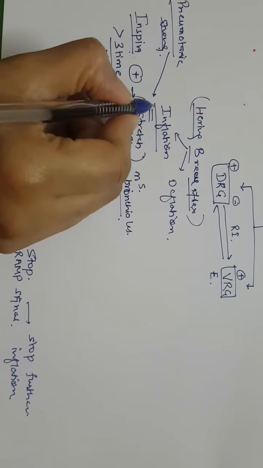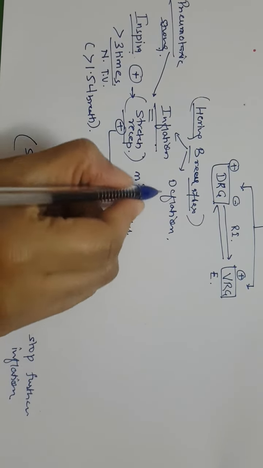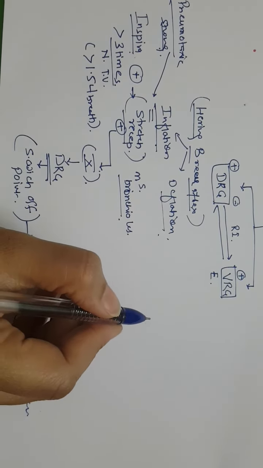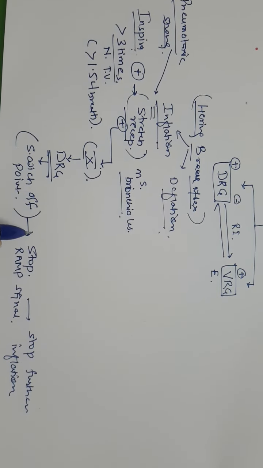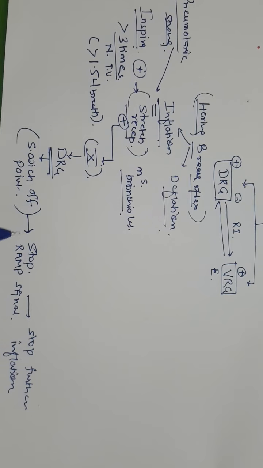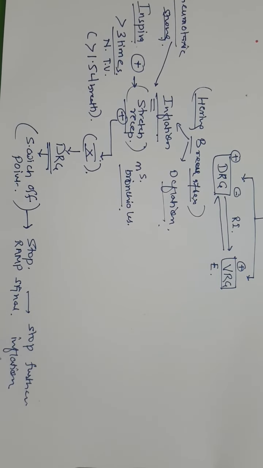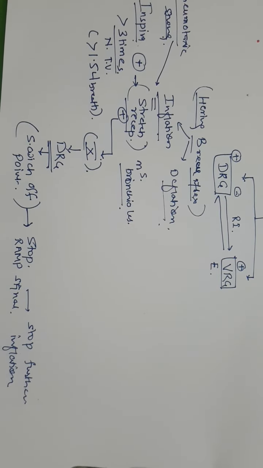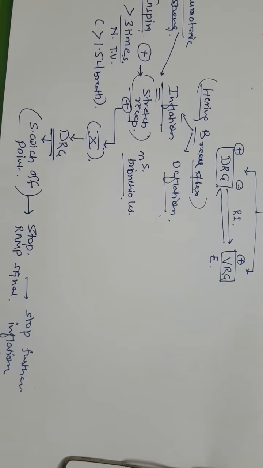So this is called the Hering-Breuer inflation reflex. Opposite to that is the deflation reflex. It will prevent overstretching of the lungs and cause stoppage of further inspiration.